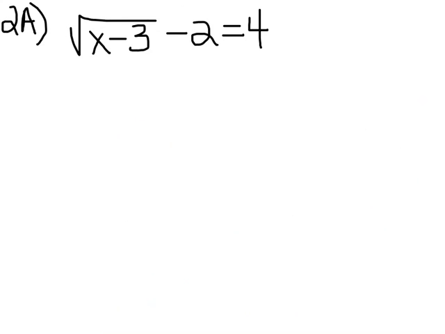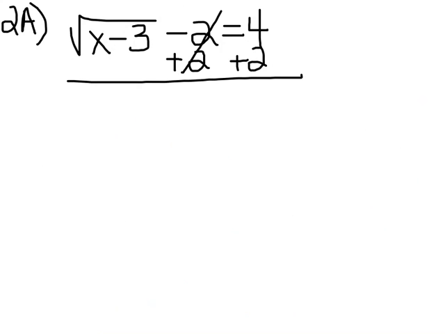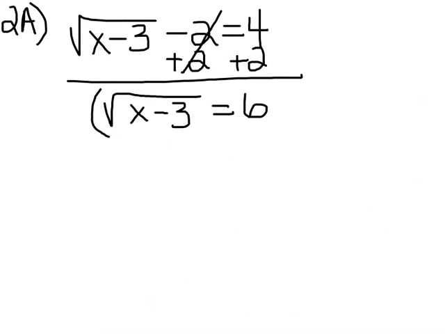In example 2a, we're given the equation radical x minus 3 minus 2 equals 4. We'll start by isolating our radical sign. We'll need to move this 2 to the opposite side with the 4. Our equation will become radical x minus 3 equals 6. And now we can square both sides.